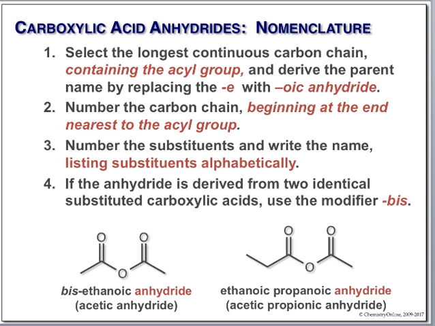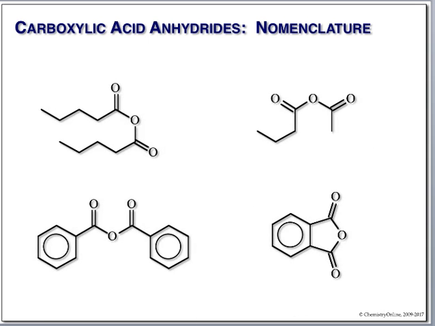So let's go ahead and go through our problem set. And let's name these guys. First thing you have to do is figure out, are the chains symmetrical? We have 1, 2, 3, 4, 5. 1, 2, 3, 4, 5. Yes, it is. So it's a bis. 5 will be pentanoic, and it's an anhydride.